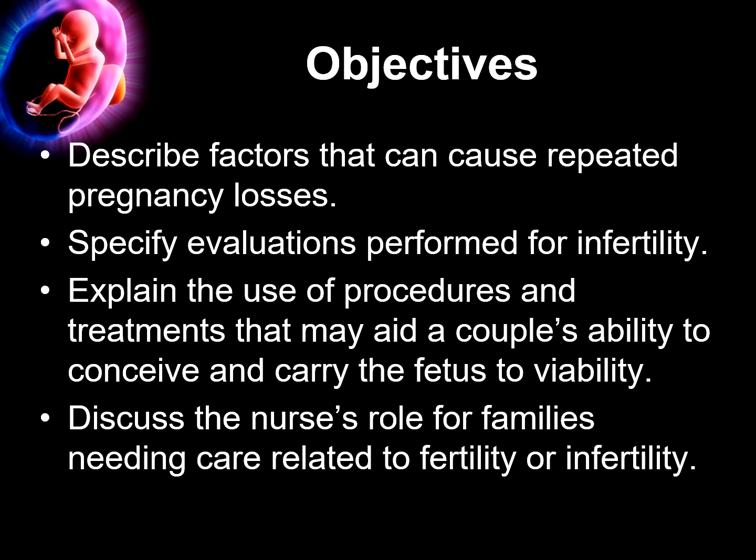Objectives continued are to describe factors that can cause repeated pregnancy losses, specify evaluations performed for infertility, explain the use of procedures and treatments that may aid a couple's ability to conceive and carry the fetus to viability, and discuss the nurse's role for families needing care related to fertility or infertility.